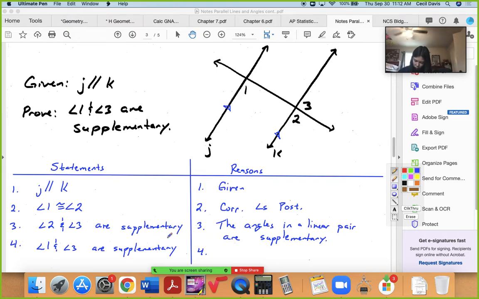Now, I call that, and I let students use this, substitution. Many textbooks will say you can't substitute into a sentence. Strictly speaking, substitution is a property of equality, so you can only do it in equations.